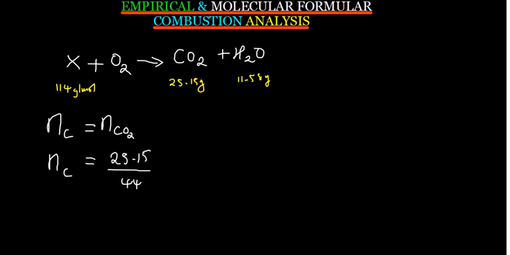So this is going to give us the number of moles of carbon dioxide, which is equal to the number of moles of carbon, to be 0.57159 moles. Martha, are you okay?